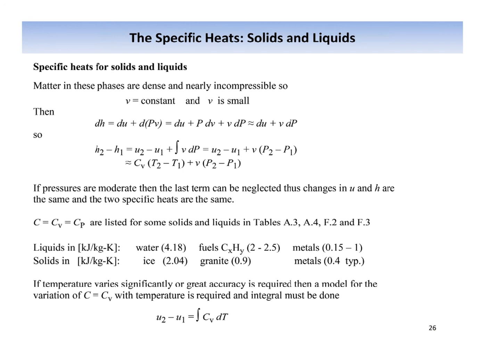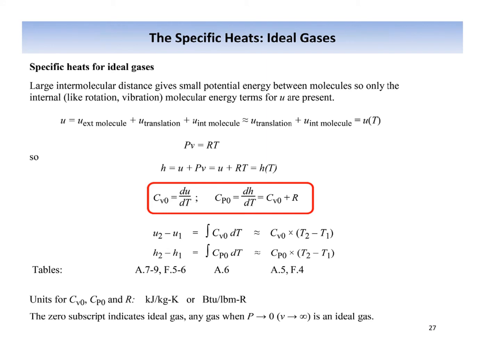However, in the case of gases, we know that for ideal gases we can use the ideal gas law, and for a unit mass it takes the form PV is equal to mRT. Here m is equal to 1 for a unit mass, so PV is equal to RT. We already know that enthalpy is equal to internal energy plus PV, so we can replace PV by RT.